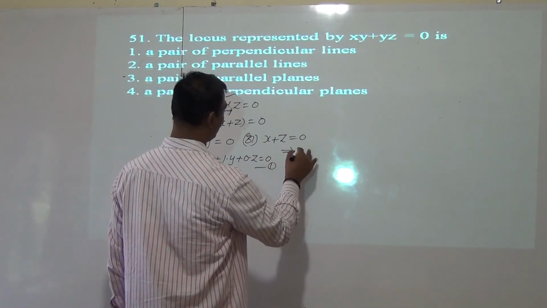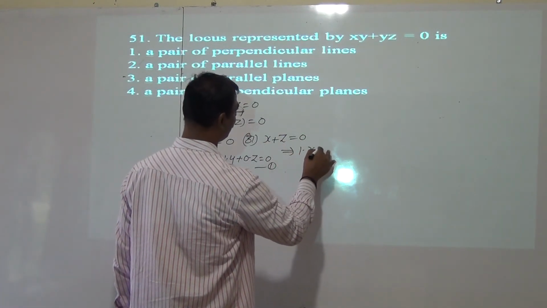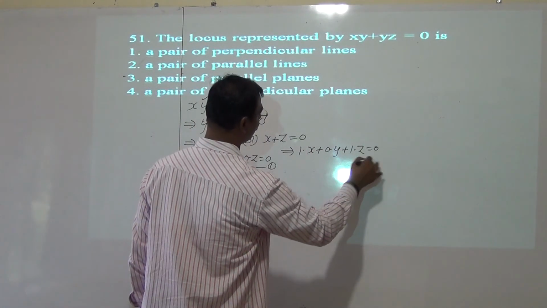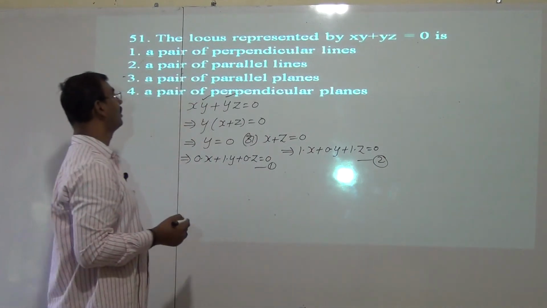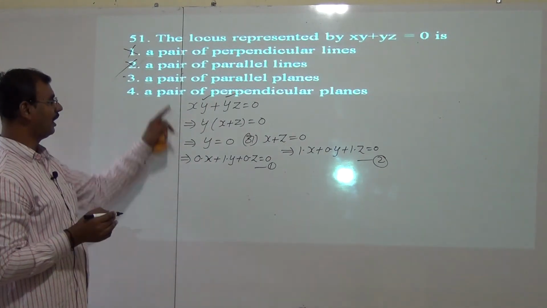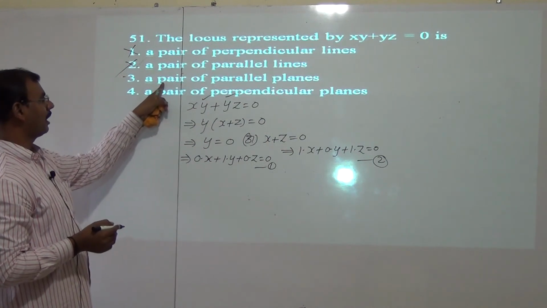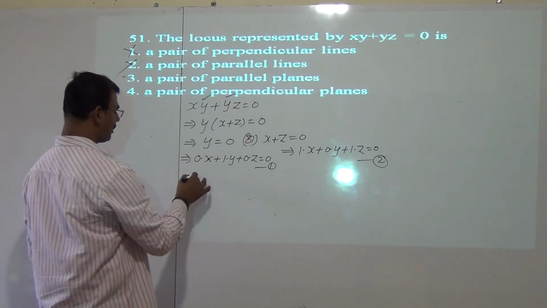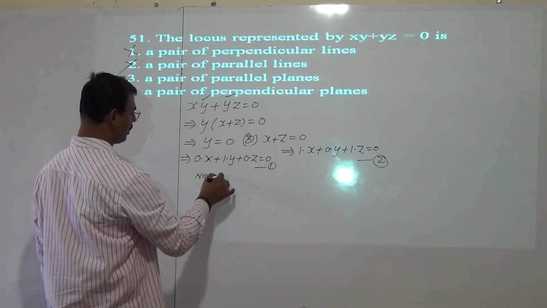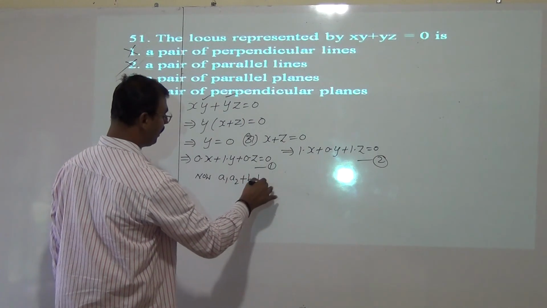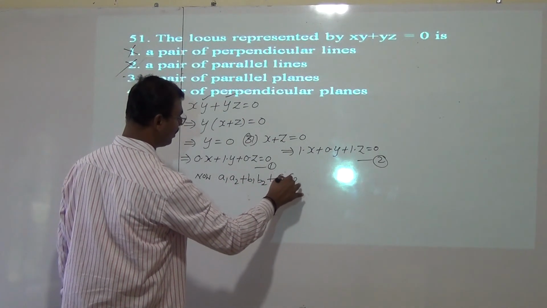From the other one, how to write? 1 into x plus 0 into y plus 1 into z equal to 0. So already these two are not our options. Only planes we have to check, either parallel or perpendicular. Perpendicular condition is a1 a2 plus b1 b2 plus c1 c2.